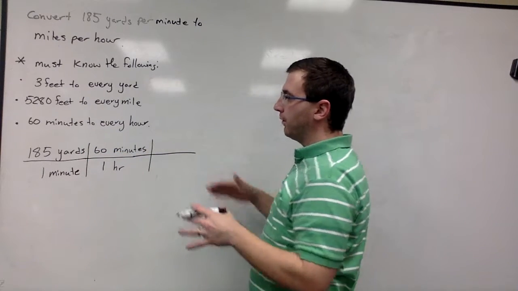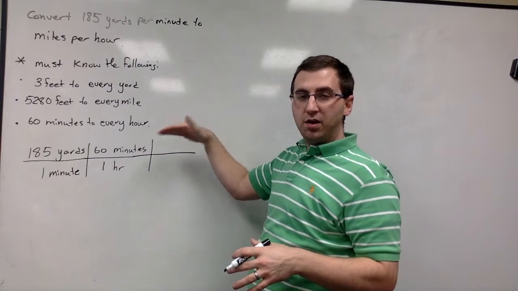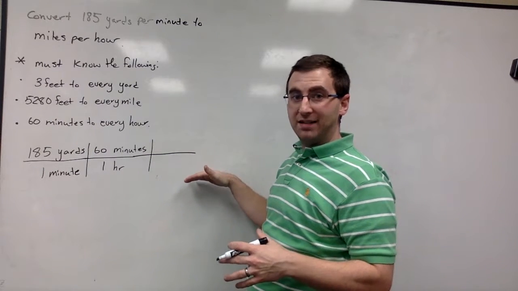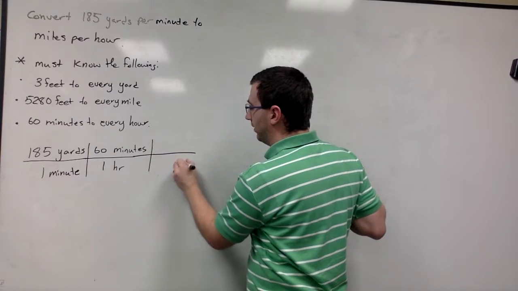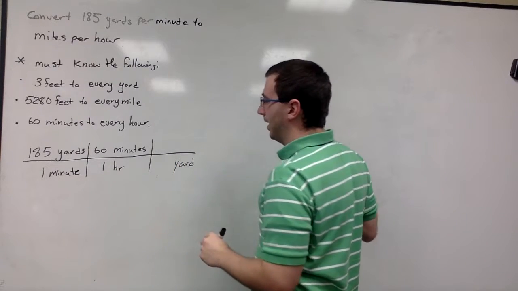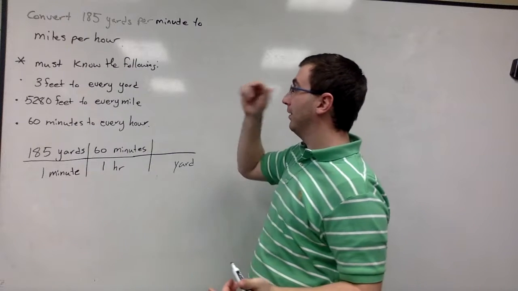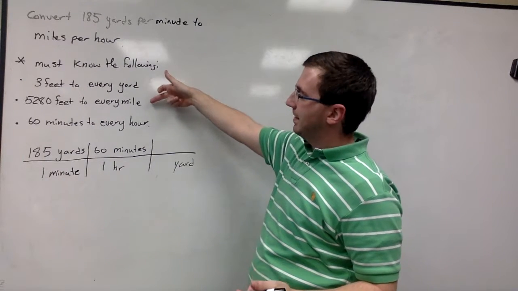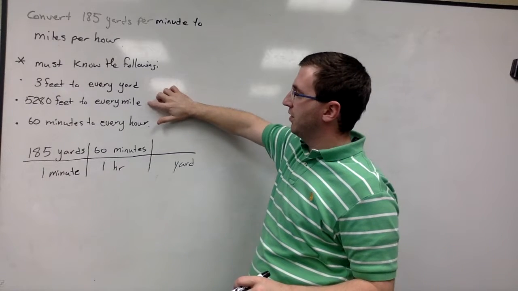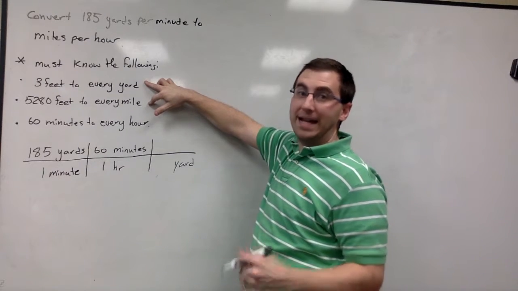So something has to cancel out the yards on the bottom. So that means we're going to have a yard unit on the bottom. Now on the top, well, that's why I actually put all 3 of these right here. Now I said specifically to know this one, but this one definitely comes in handy too.